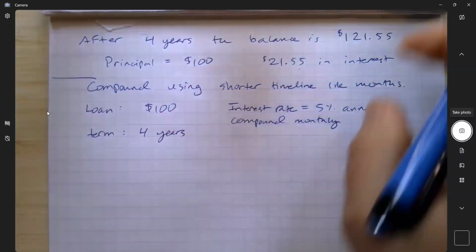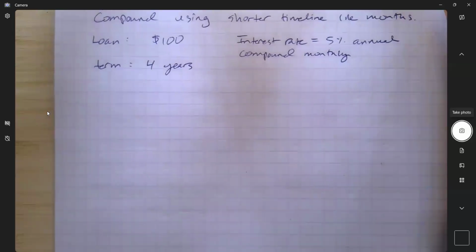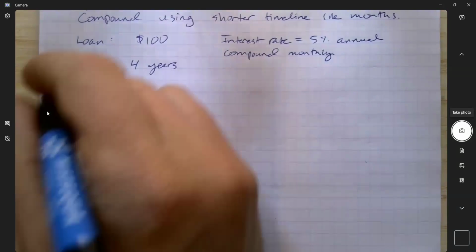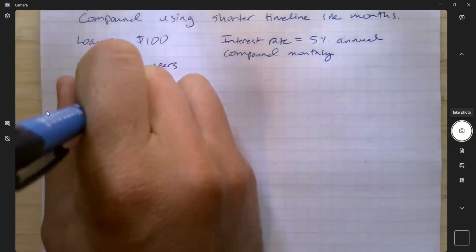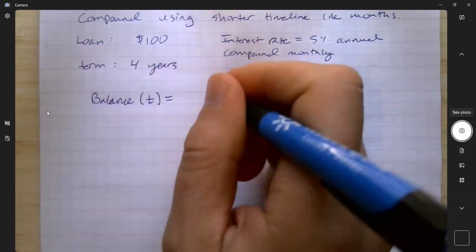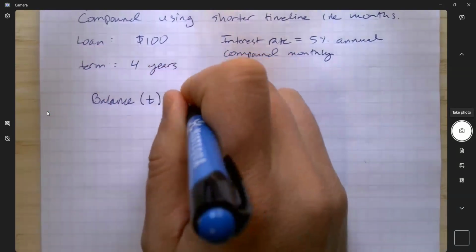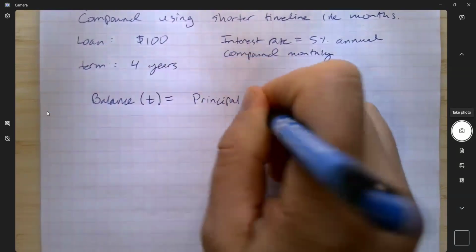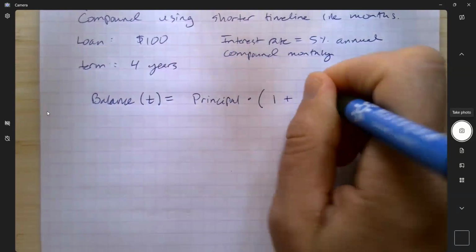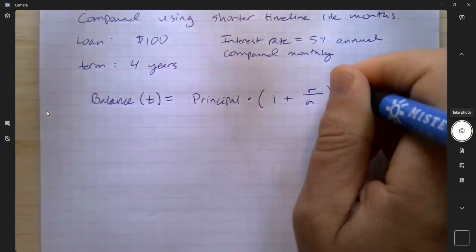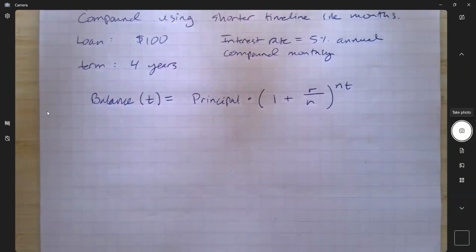I'm going to show you the formula for this rather than build it out of the table because it's a bit more complicated. So the balance, and again, we calculate the balance here at time t, is going to be the principal times 1 plus the interest rate divided by the number of compounding periods, raised to the number of compounding periods times the time.